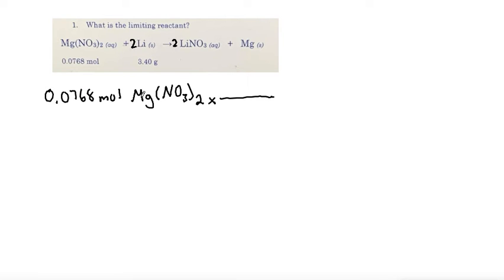So to cancel out the unit of moles of MgNO3 I'll put that unit in the denominator. And the unit that I want to convert to is moles of magnesium. And remember that the molar ratio in the balanced reaction can only convert from moles of one thing to moles of another thing. So there we go.